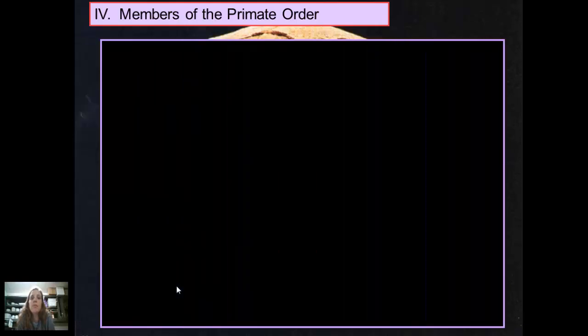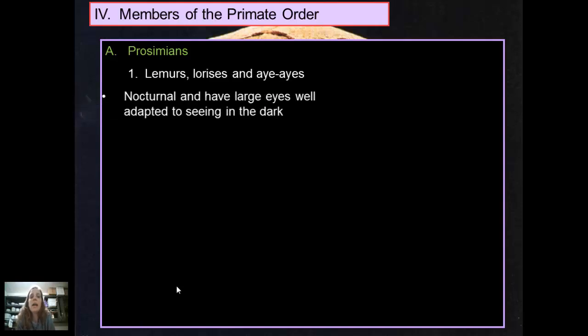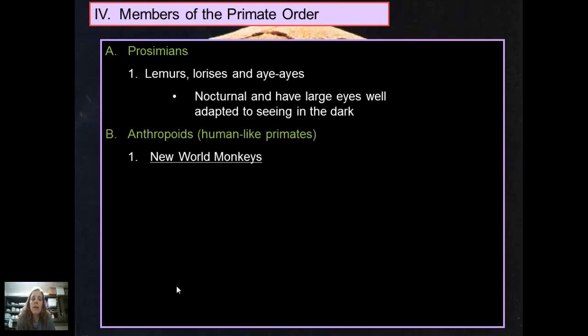All right, members of the primate order. Prosimians, which include lemurs and aye-ayes. They tend to be nocturnal, and they have large eyes, which are well adapted for seeing in the dark. Anthropoids, which are human-like primates, they include New World monkeys, which tend to have tails.